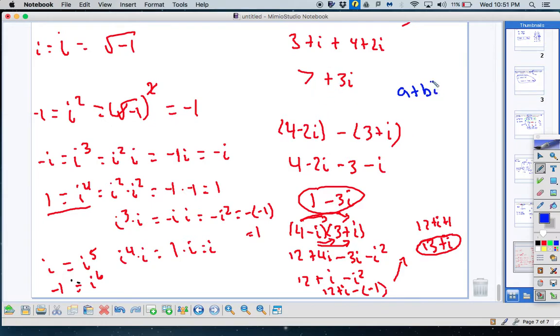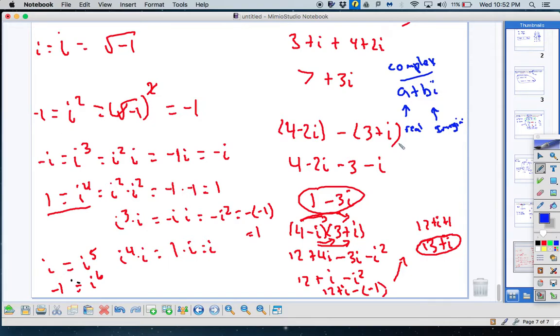And i stands for that imaginary number, so i is always there. And then a is called the real part, and bi is called the imaginary part. So we have a real part, we have an imaginary part, and together we call this thing a complex number.